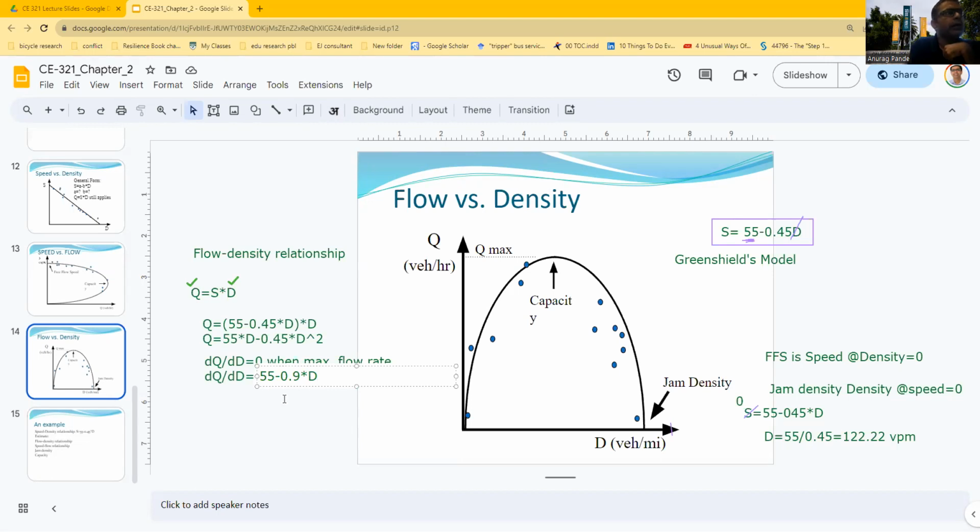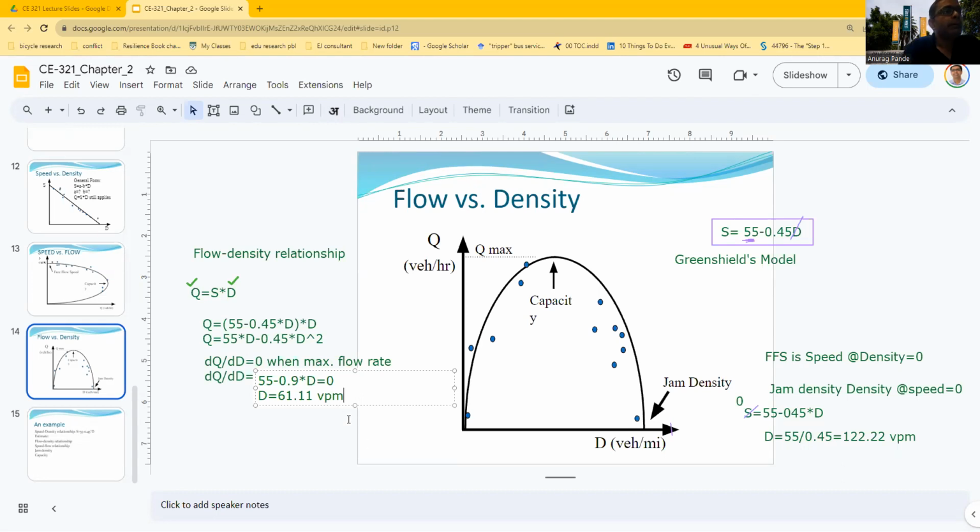And then I set that equal to 0 to find my maximum flow rate. It's pretty easy to then solve for the value of D, and D will come out to be 61.11 VPM. If you solve 55 divided by 0.9, you'll get 61.11 vehicles per mile.